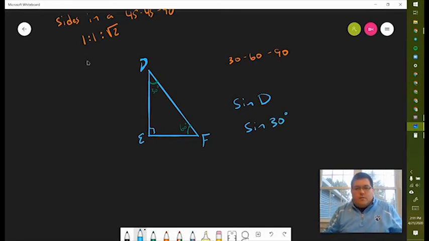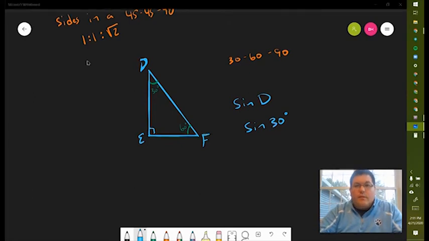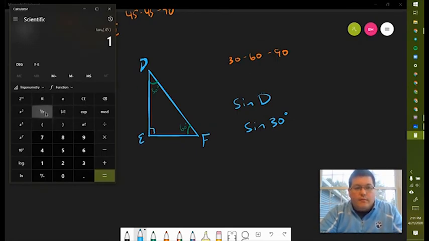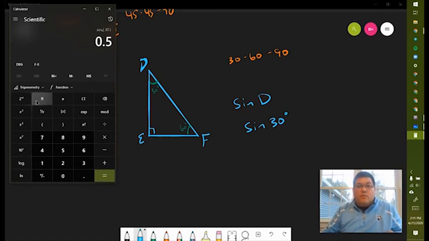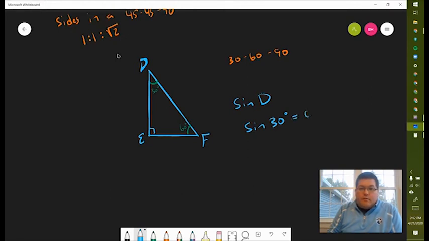And so if we go to our calculator here, and we test out the sine of 30 degrees, we see that we get 0.5 as the value of the ratio. Okay, so the sine of 30 is 0.5. Well, what's maybe a more useful way to think about 0.5?